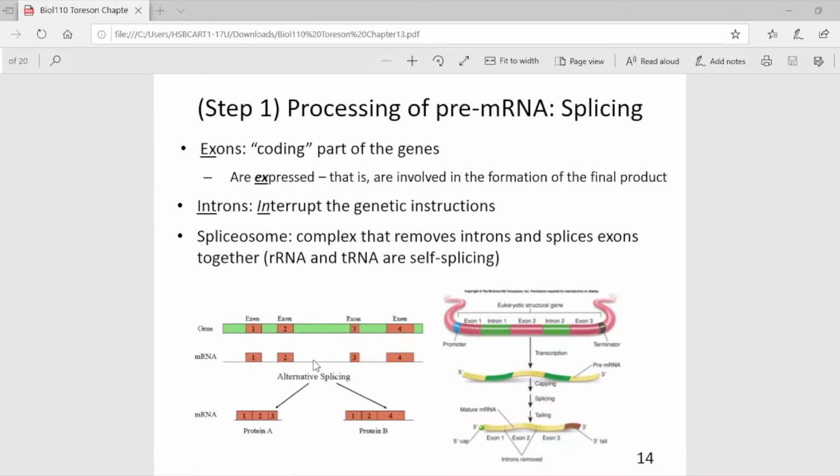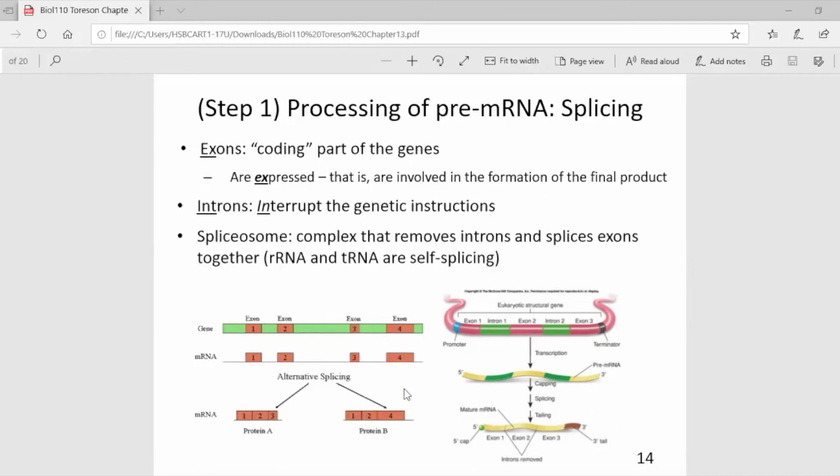So here on slide 14, on the left-hand side, we see an image of a particular gene with exons 1, 2, 3, and 4. Green areas are introns, which are not labeled. So during splicing, these green introns will be removed and the exons will be spliced together.